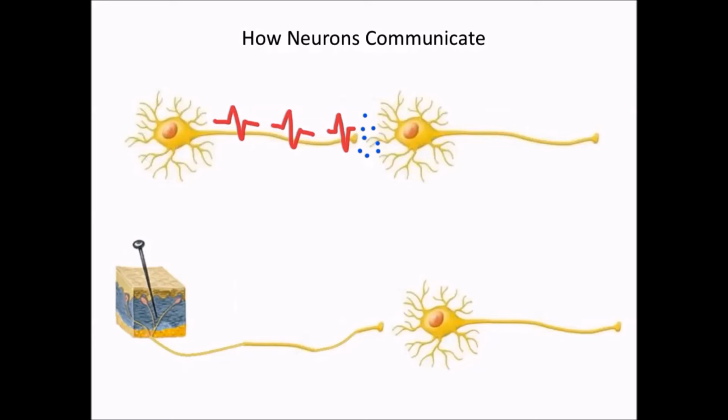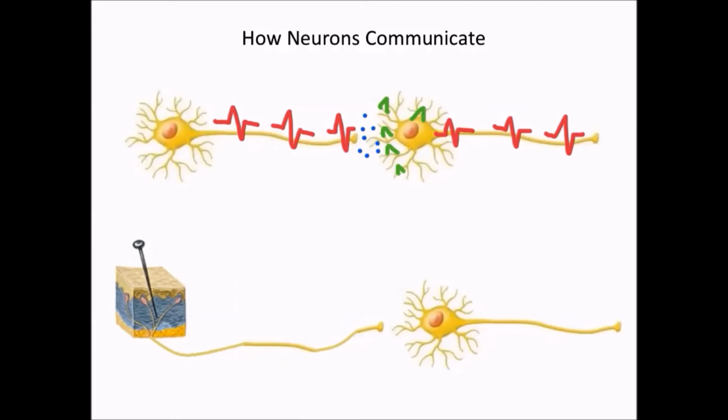And that chemical messenger stimulates the creation of graded potentials. And depending on the frequency of the stimulus or the strength of the stimulus, those graded potentials could possibly reach threshold. And if threshold is reached, a new action potential is created at the axon hillock of the adjacent neuron, and the electrical impulse will continue down that axon.